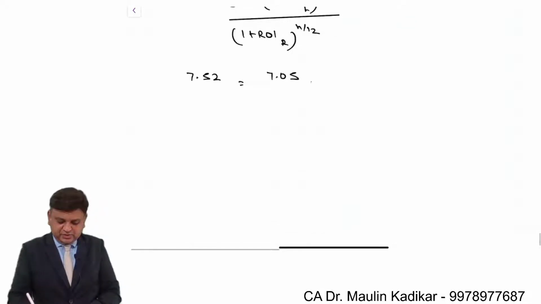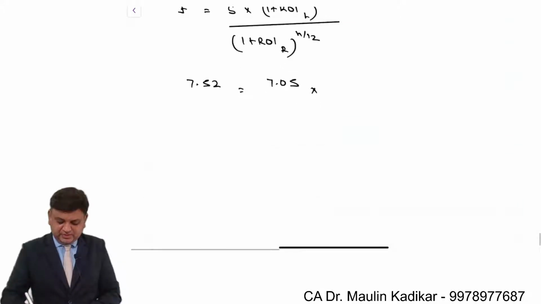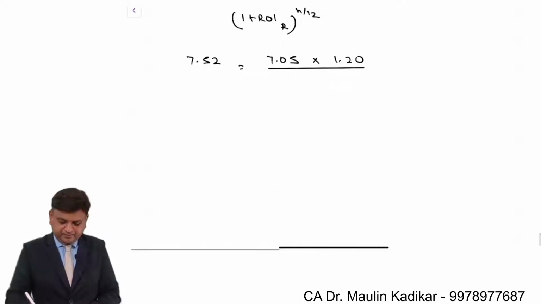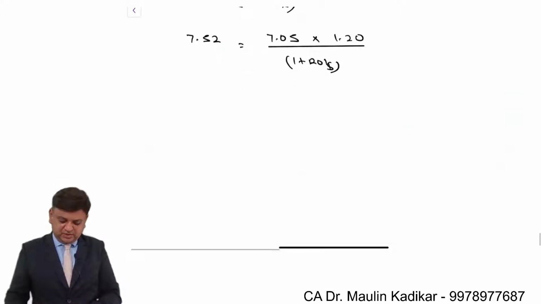Spot is 7.05. The rate of interest for French franc is 20%, and the rate of interest for dollar currency is required to be found as balancing figure. So it is 1 plus rate of interest for dollar currency raised to n by 12, which does not make sense over here because 12 will be cancelled against one another.